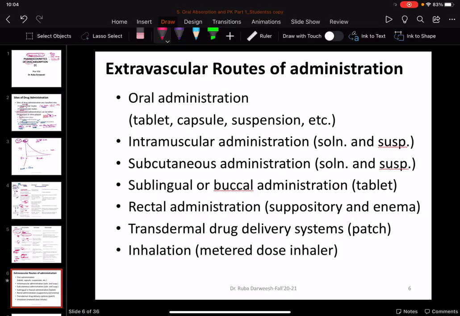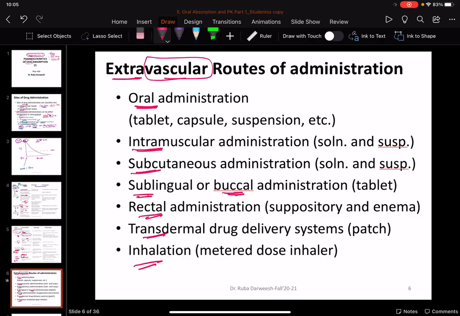When we are talking about the extravascular route of administration, again, it is anything that is outside the vascular system. It could be oral, IM, sub-Q, sublingual, buccal, rectal, transdermal, pulmonary, anything. Anything where the administration is outside the vascular system. Okay, but kinetic-wise, we are talking about the same model in this chapter: one compartment, single dose.